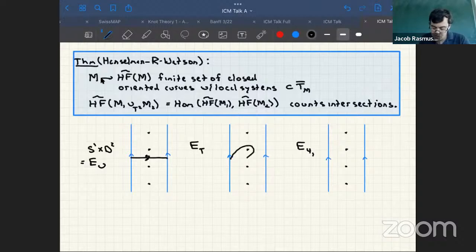Then I get a curve that looks like that. Or maybe even more interesting is the exterior of the figure 8 knot in S3. Now instead of a single component, I have a union of two components. One looks like the invariant for S1 times D2, and by some sort of poetic justice, the other one is a figure 8 like this.